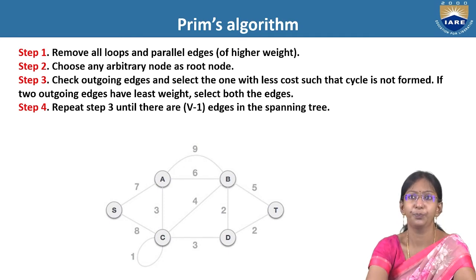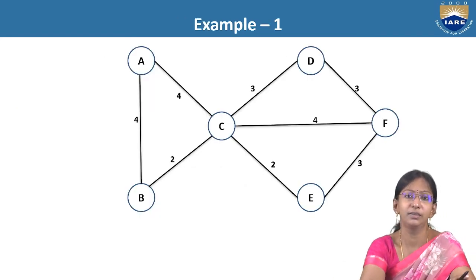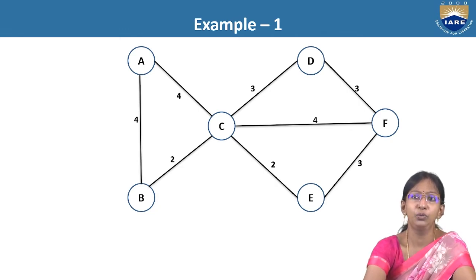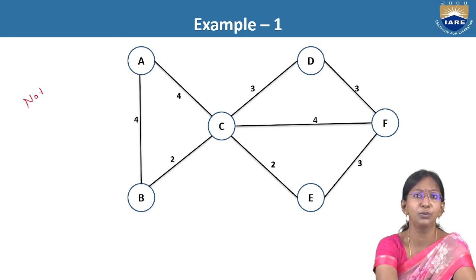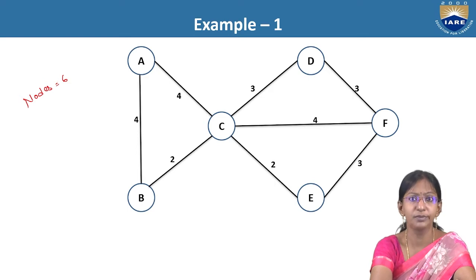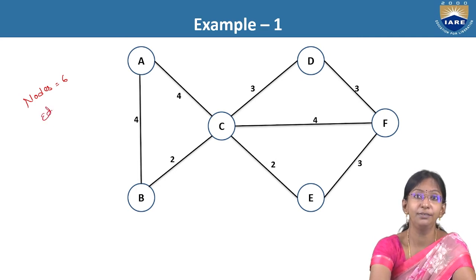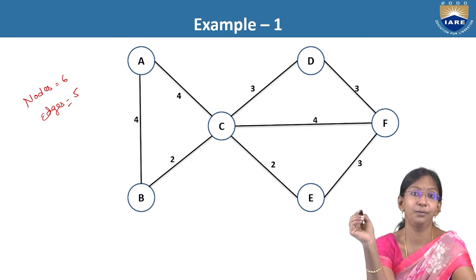Have a look at this graph. How many nodes are there? 6 nodes, so the number of nodes is equal to 6. If the number of nodes is 6, then in your spanning tree, how many edges do you need? 5. Please keep this in mind. That is our deadline.